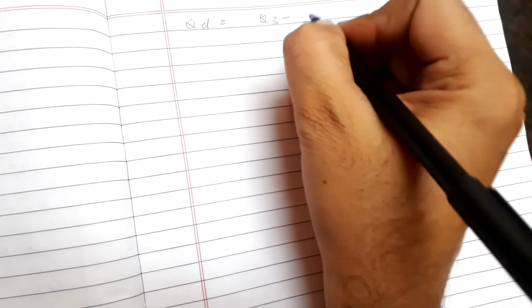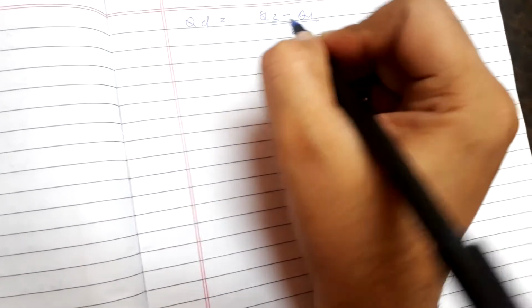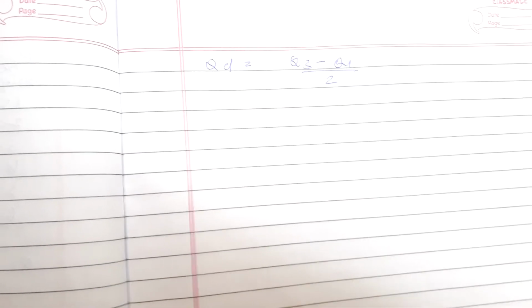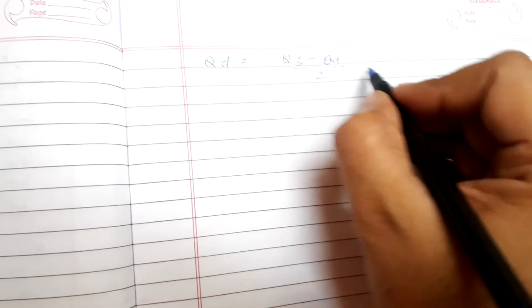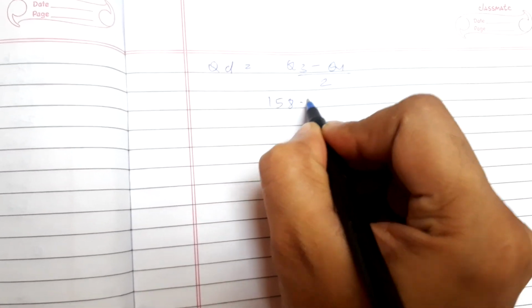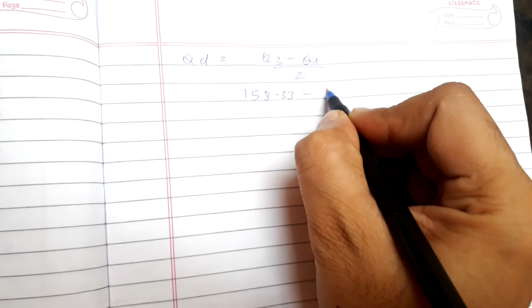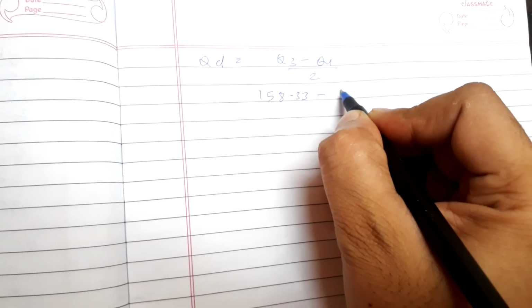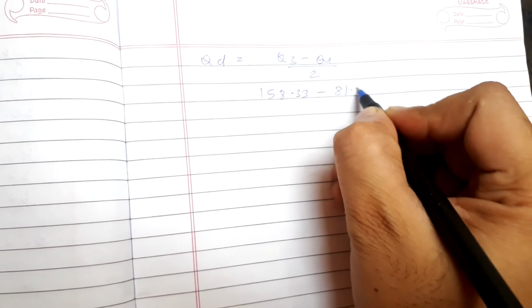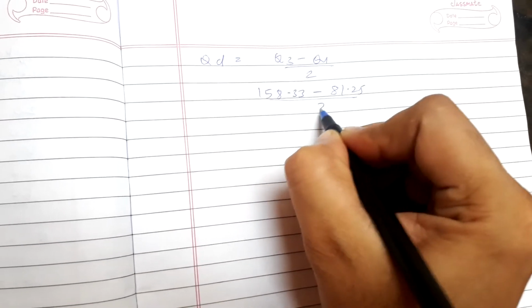Now we will find the quartile deviation and coefficient of quartile deviation. Quartile deviation here will be QD is equal to (Q3 minus Q1) divided by 2. The value for Q3 we have found is 158.33, and Q1 is 81.25, divided by 2.